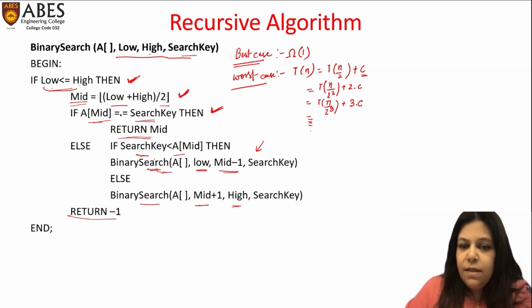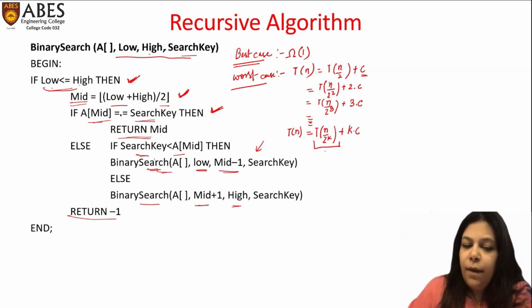In the same way, we can say that suppose after k iterations, the value of T(n) becomes T(n/2^k) plus k times C, wherein we can suppose that n/2^k will give us 1 as there is only one element left in the effective array.